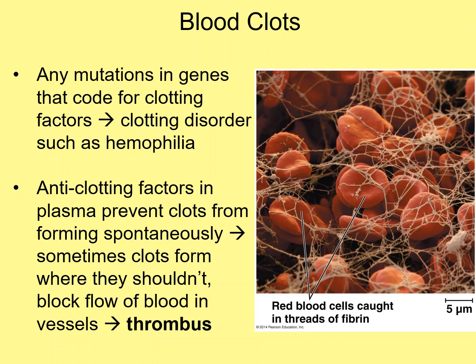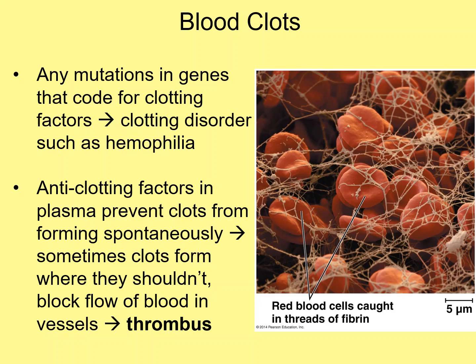There are also anti-clotting factors in our plasma that help prevent clots from forming spontaneously without signals from damaged cells. So basically they help prevent the conversion of prothrombin to thrombin or fibrinogen to fibrin without there being some sort of damage that they need to respond to.